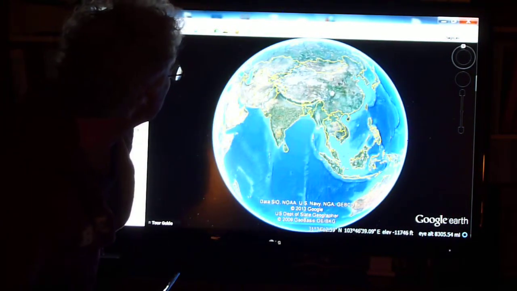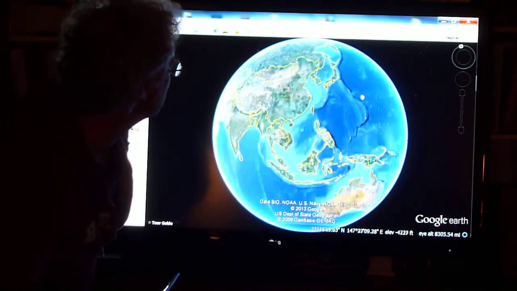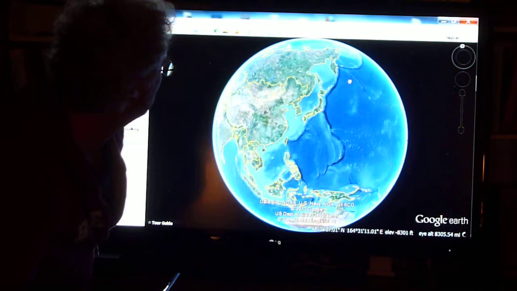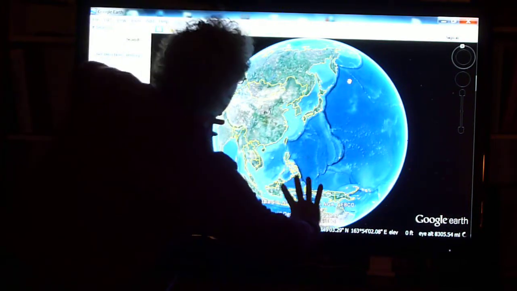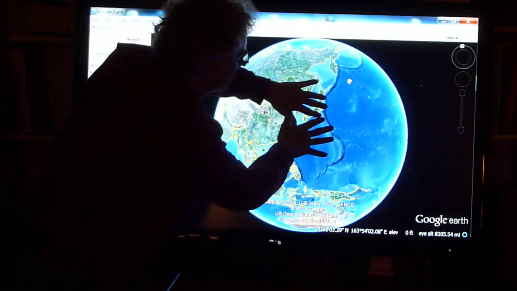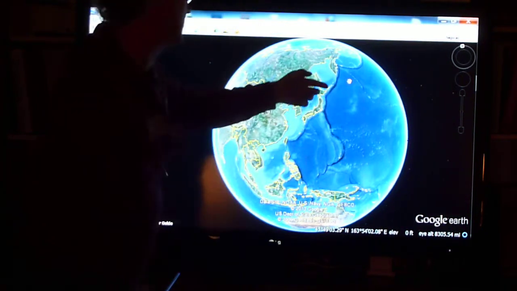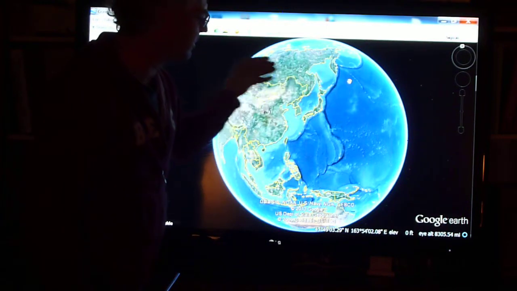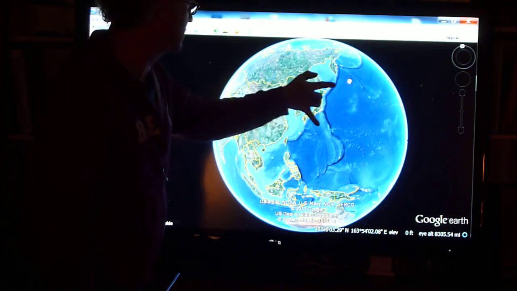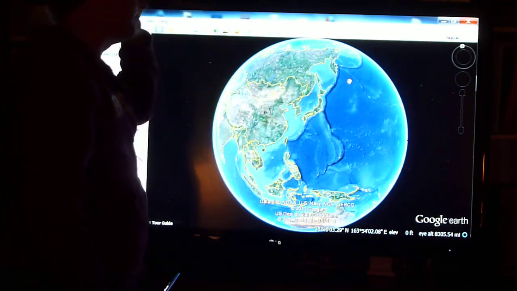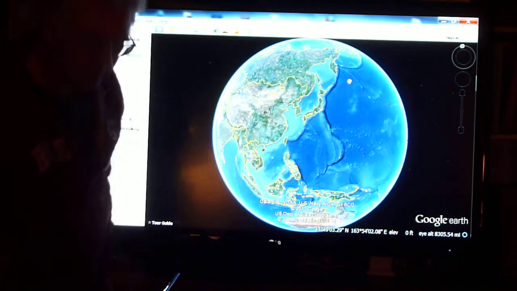So at Japan, that region here is where these three flows pretty much come together and trench down. So Japan has a lot of crustal surface tension pushing in this general area, so it gets a very large amount of earthquake activity.